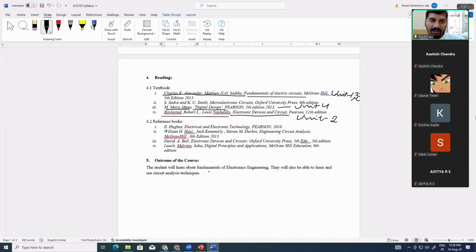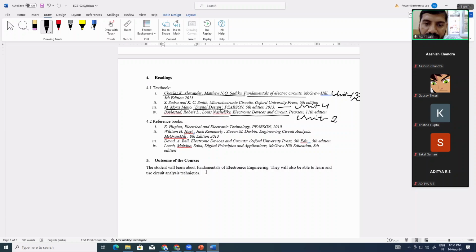Because there are a variety of topics, you can follow different books. Although we will try to cover all these things and you can understand all the concepts, it will be better if you follow the book. Please try to follow a book for any subject, because for in-depth understanding you have to follow books.